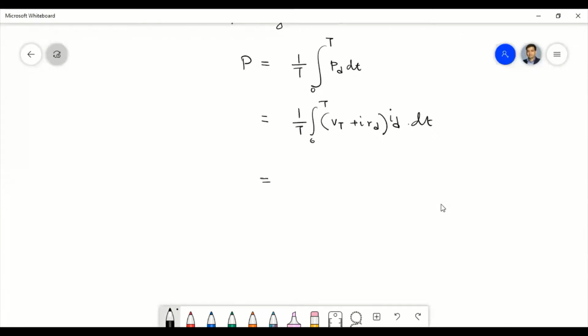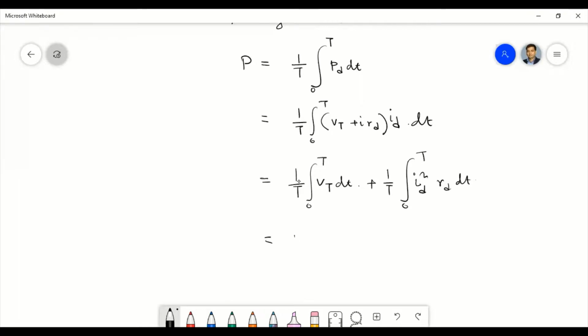Now here we have two terms. One is not a function of time, the other is a function of time. So this is 1 by T integral 0 to T of VT ID dt plus 1 by T integral 0 to T of ID squared RD dt.